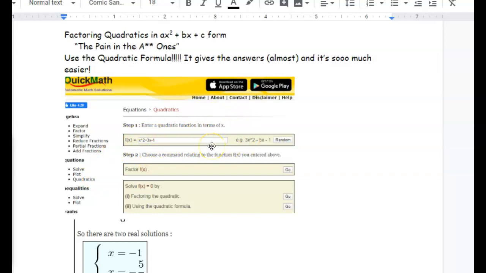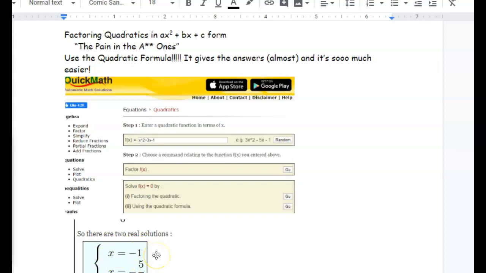Type in your quadratic, use the quadratic formula, and click go. Then you scroll down, and it's going to tell you there are two real solutions, and what those solutions are.